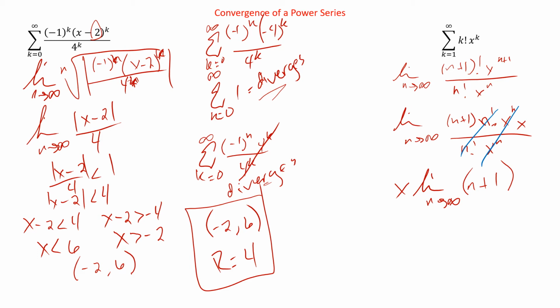So this will diverge, except possibly, how could we make this less than 1? If the limit is greater than 1, if we multiply by 0, it will be less than 1.